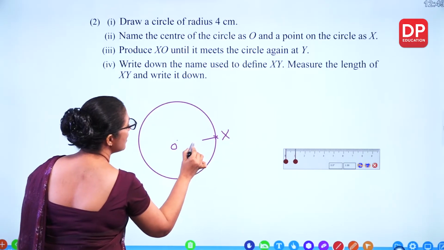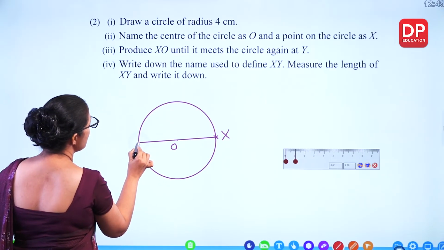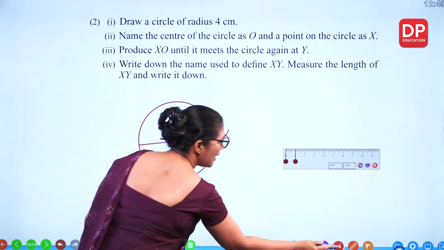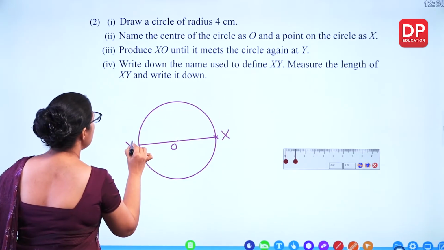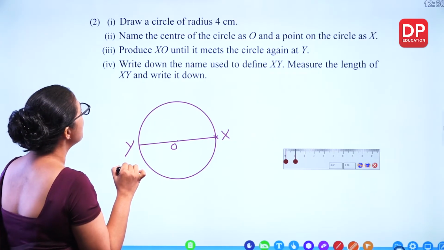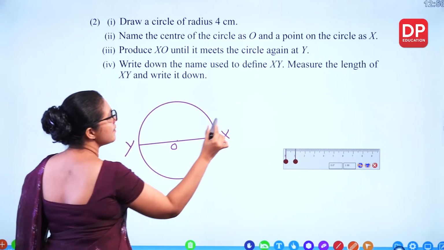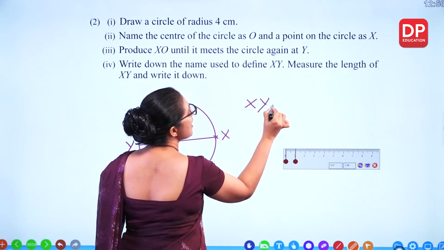So draw a line, passes through the center. And this end we can label it as Y. Write down the name used to define XY. That's the diameter.